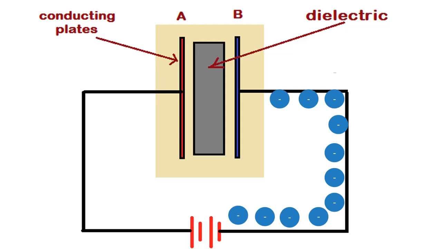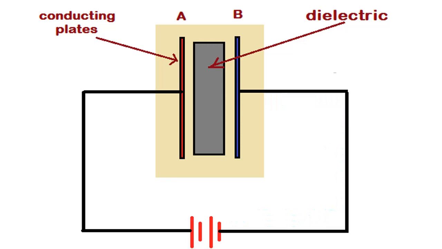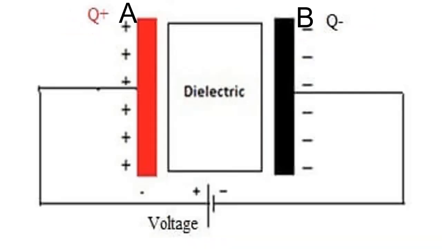But they cannot travel from B to A, as there is a dielectric medium between the two plates which doesn't allow the flow of current or electrons. So the electrons start accumulating in plate B. Thus plate B has an excess number of electrons and becomes negatively charged.